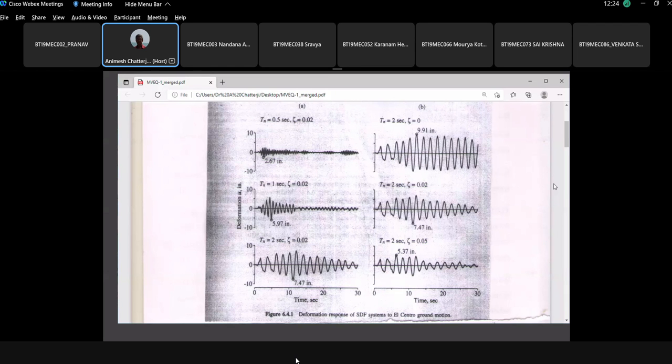Look at the graphs carefully. Any comment that you can make? Look at all the graphs carefully, and then you can make 2-3 conclusions. What are those conclusions?